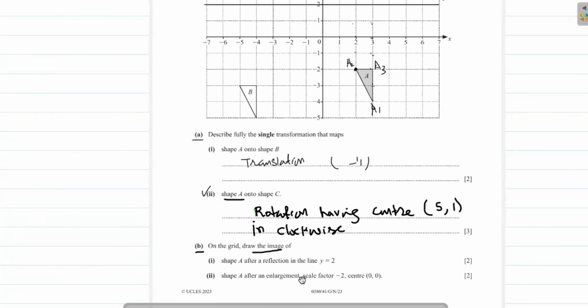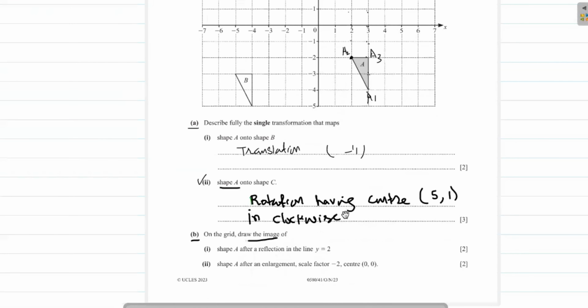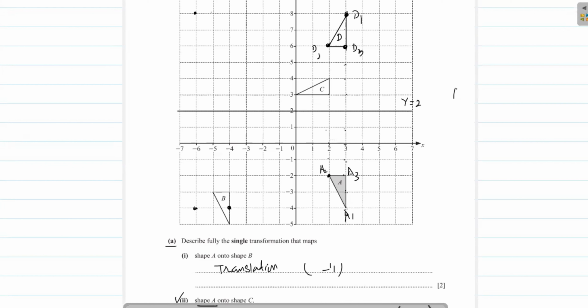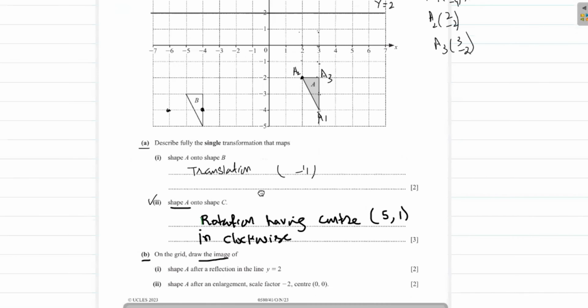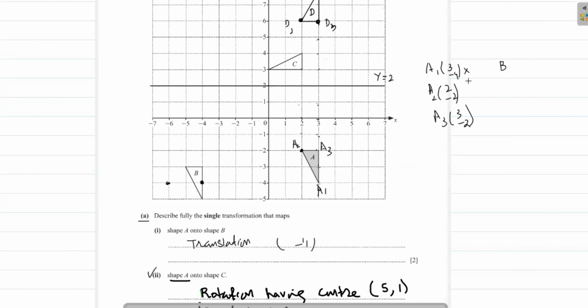Next is shape A after an enlargement scale factor -2, center 0, 0. The points of the shape: A1 is (3, -4), A2 is (2, -2), and A3 is (3, -2). We get the image points after an enlargement with scale factor -2.